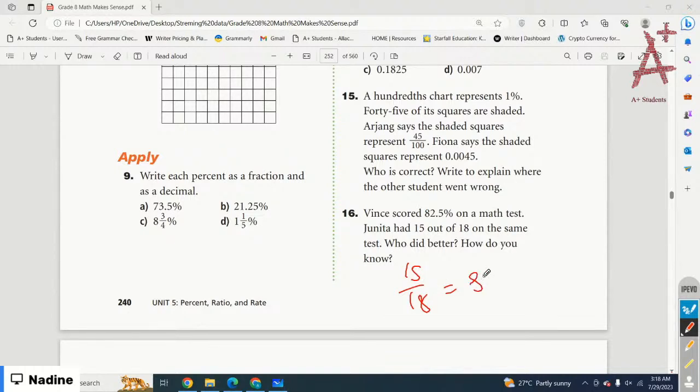That would be 83.3%. So that means Junita did better, because Junita scored 83.3% and 82.5 is Venus. So 83.3 is greater than 82.5. Got it?